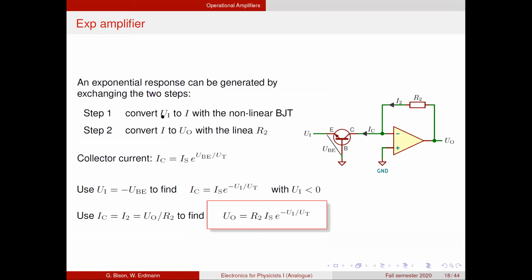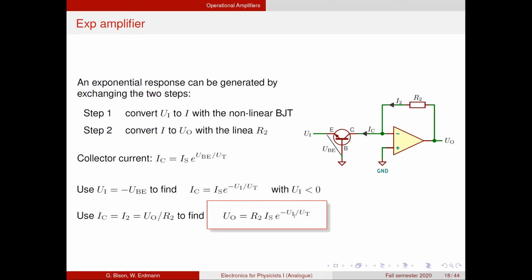We convert the input voltage to a current using the nonlinear transistor, and then convert the current to an output voltage using the linear, sorry, there's an R missing, R2 feedback resistor. And then, of course, we have the exact same math, except that we do not have to do this inversion and find an output voltage that now is a function of the exponential of the input voltage.